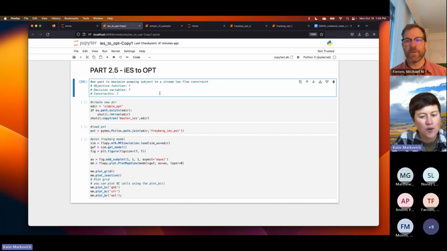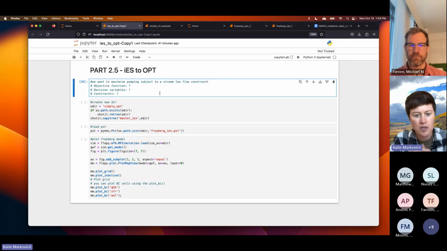And you guys did this in the homework, but I just wanted to walk through it again because, like I mentioned in the last class, it's a lot of reframing of terms, like thinking of things in terms of decision variables instead of parameters, and constraints instead of maybe observations or groups of parameters. But it actually is quite simple to go from an IES run to optimization or MOU.